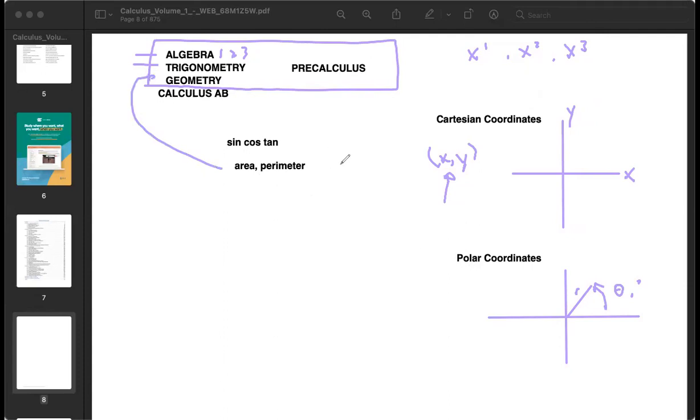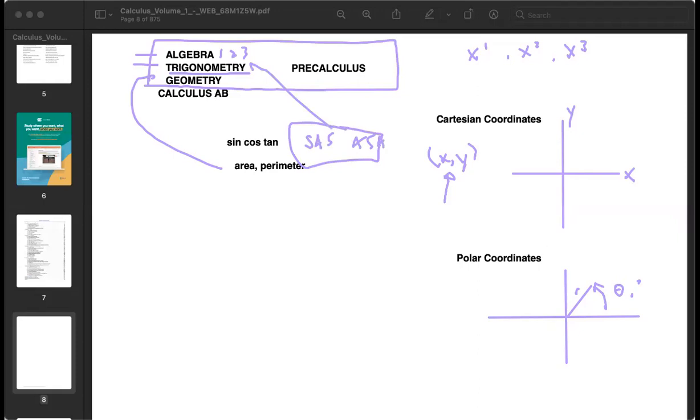So your circles, your squares, rectangles. You're not expected to know too much about polygons, but you do still want to understand your triangles, and that goes back to your trigonometry for sure. Your side-angle-side, angle-side-angle, those types of situations for trigonometry are important to keep in mind.